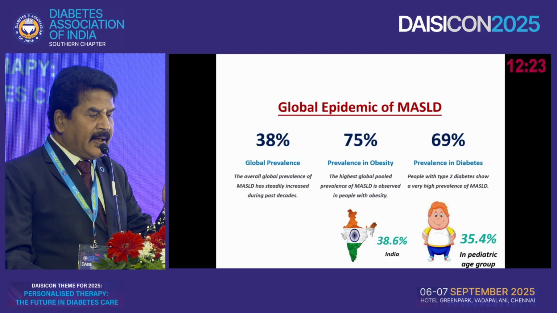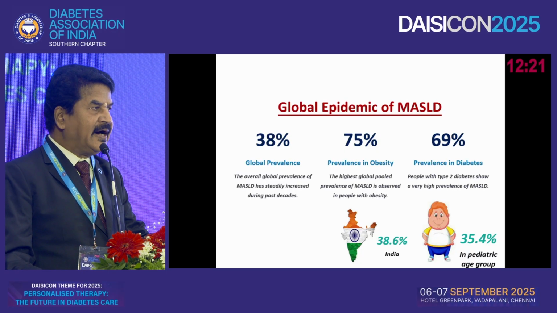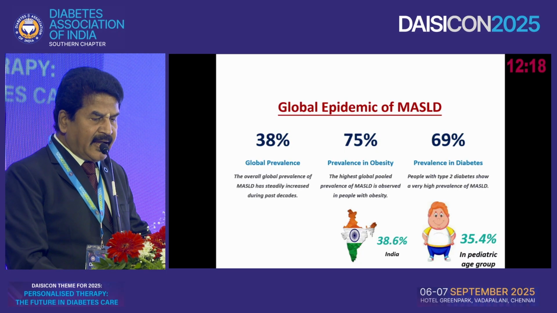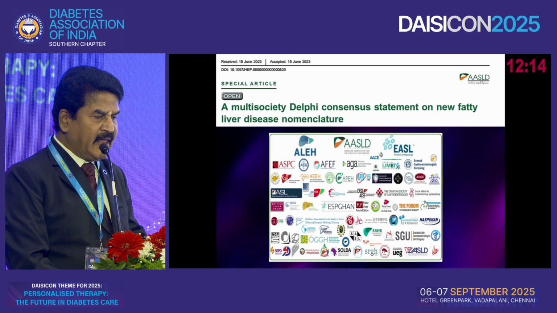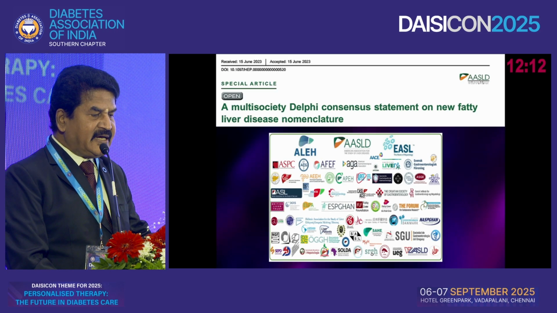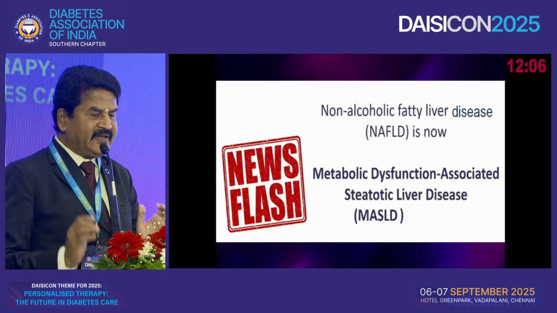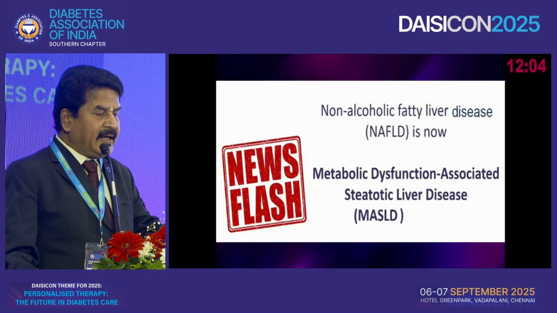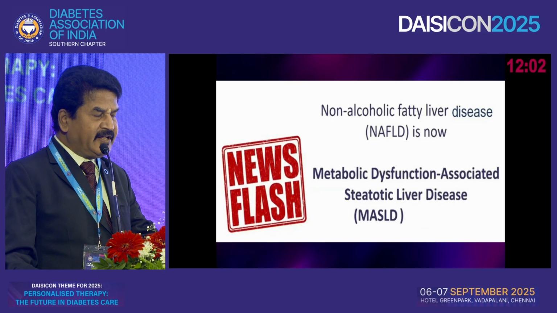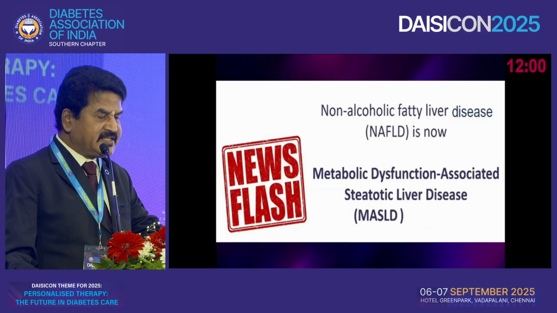MASLD has a high prevalence in obesity, around 75%, and in diabetes, around 69%. The nomenclature has been changed, accepted by a multi-society Delphi consensus statement. Yes, NAFLD is now MASLD, metabolic dysfunction associated steatotic liver disease.